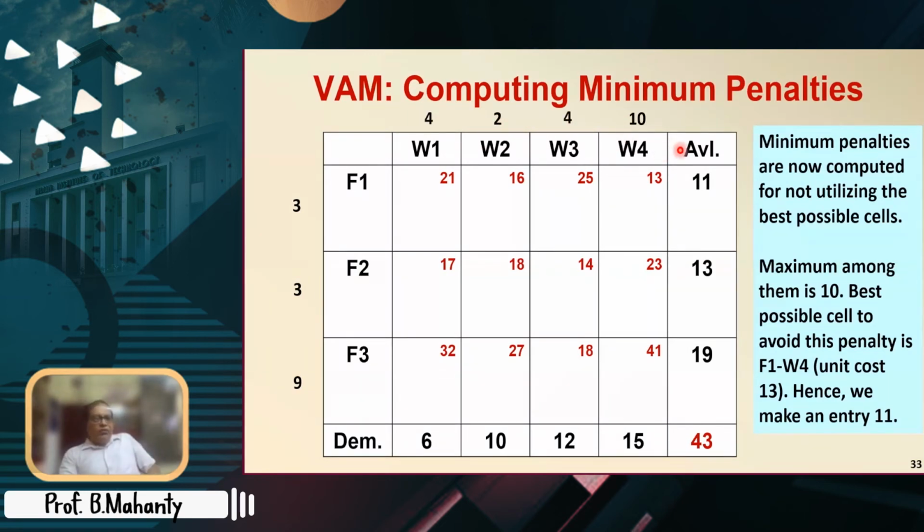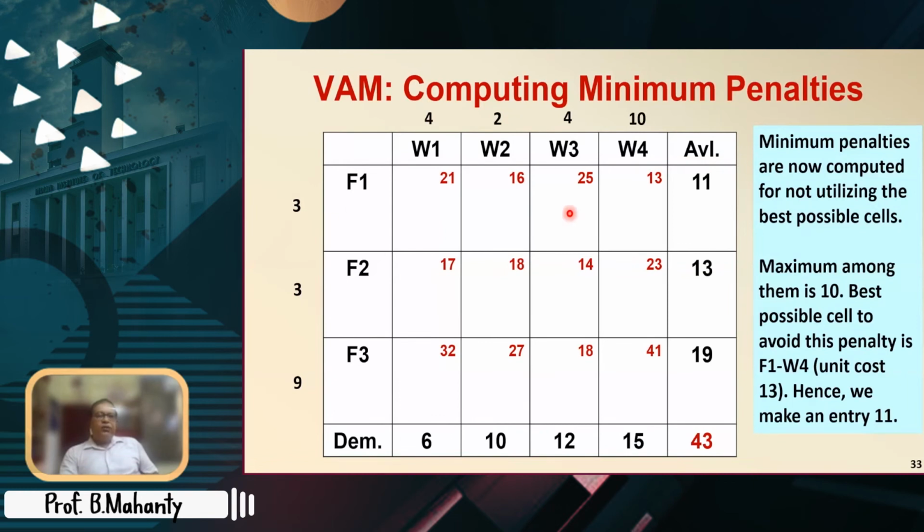And we try to make some allocation in a square where the maximum of these minimum penalties is to be avoided. Because you see, suppose you cannot make an entry here, then you have to make an entry here. What is the penalty you are paying? 10.